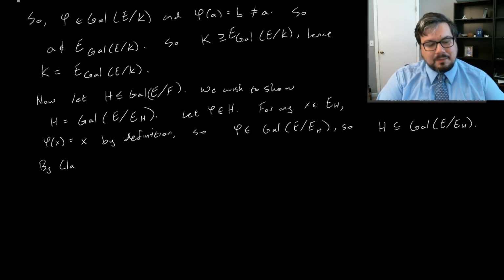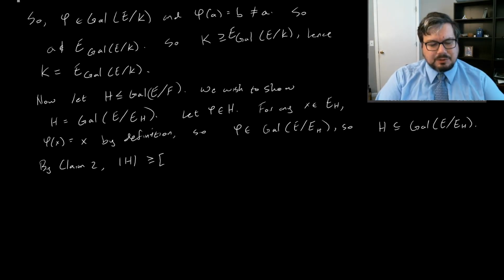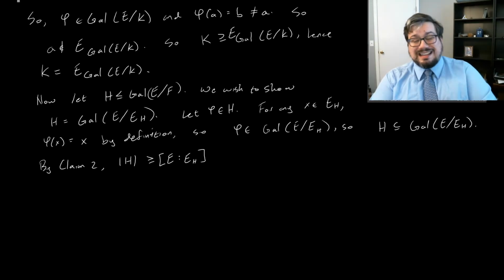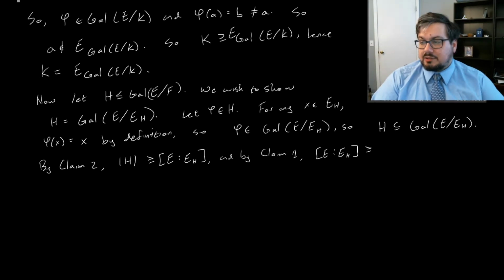By claim 2, we have that the order of H is greater than or equal to the order of the field extension E over E^H. And by claim 1, the order of E over E^H is greater than or equal to the order of the Galois group of E over E^H.